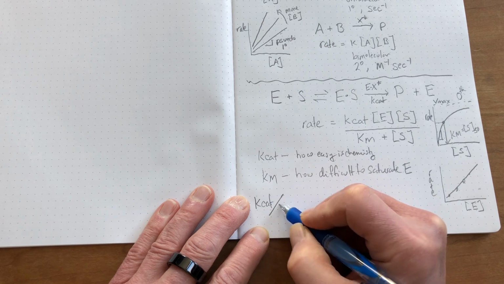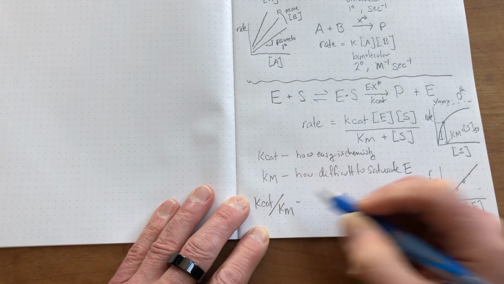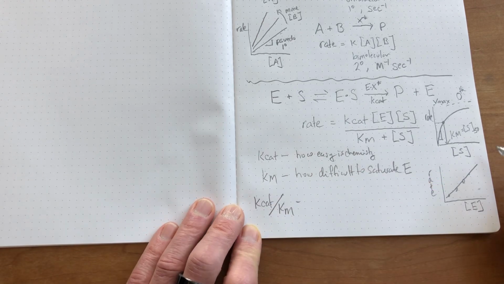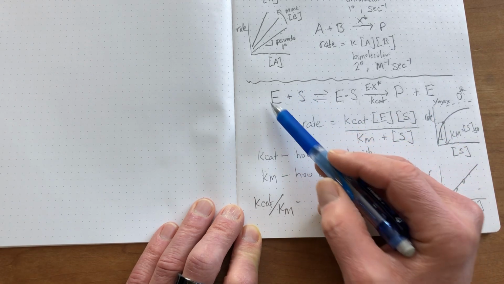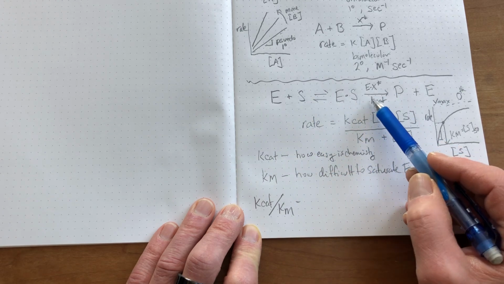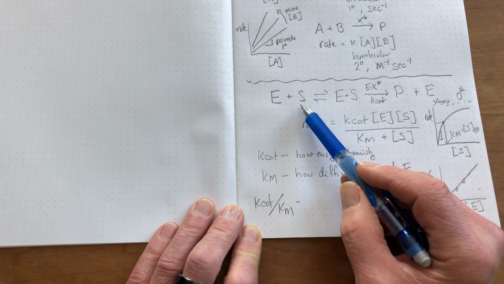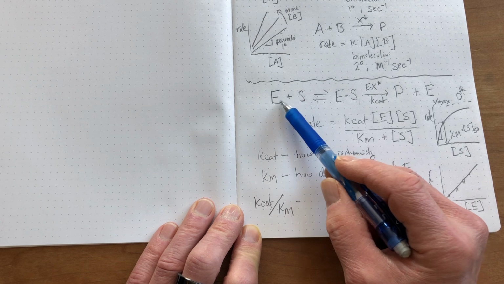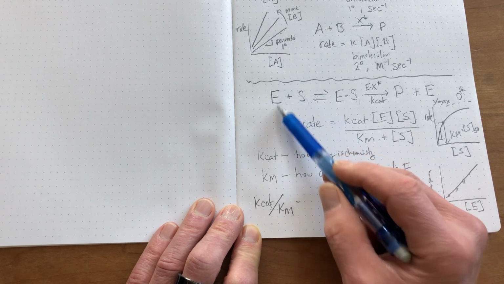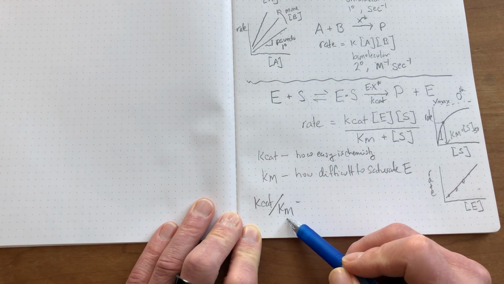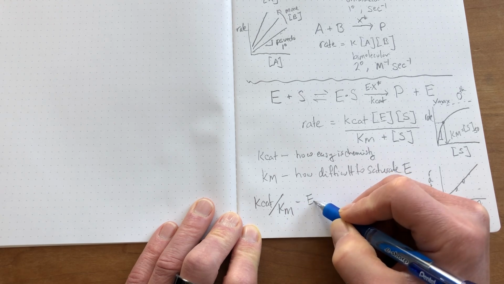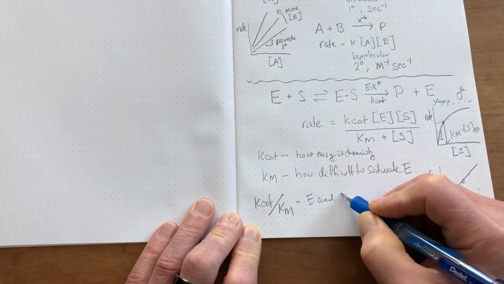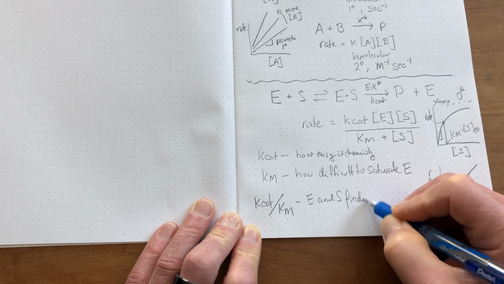And then we also pay attention to Kcat over Km. These two parameters together are a reflection of the limiting case when we have very little substrate, where we're no longer limited by chemistry, we're limited by enzyme and substrate finding each other. The rate at which they can find each other is described by Kcat over Km.